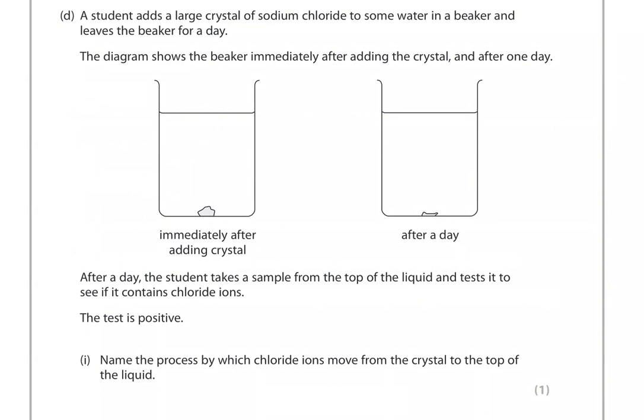After a day, the student takes a sample from the top of the liquid and tests it to see if it contains chloride ions. The test is positive. Name the process by which chloride ions move from the crystal to the top of the liquid. This will be diffusion. Movement of ions is diffusion.